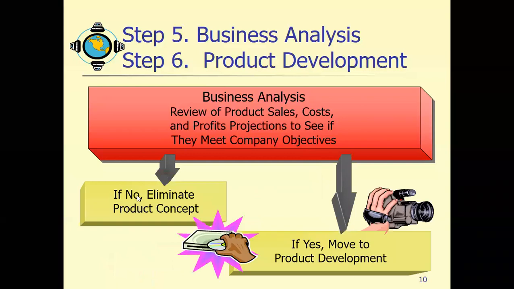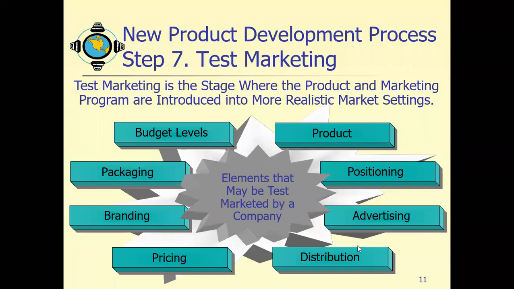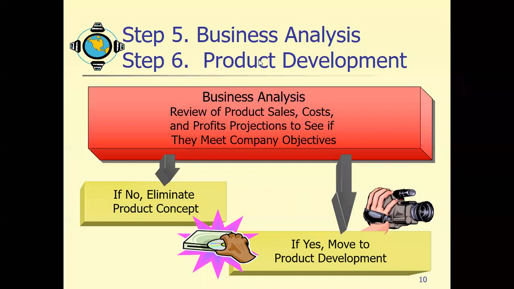So if no, eliminate the product concept. If it does not meet the company objective, if there is something negative, then just eliminate the product concept at this level. Don't move forward. And if you see there are profits and it meets your company objective, then please move to product development.